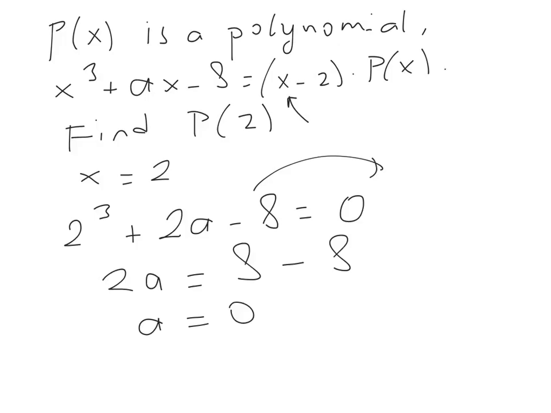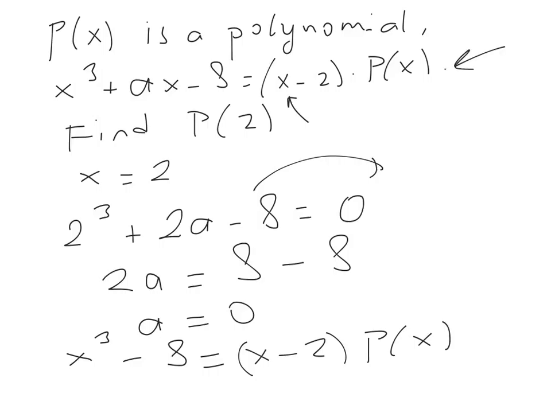I found the value of a, which means x cubed minus 8 equals x minus 2 times p of x. I plugged in the value of a in the initial equation that was given here, so I can write this equation simply.